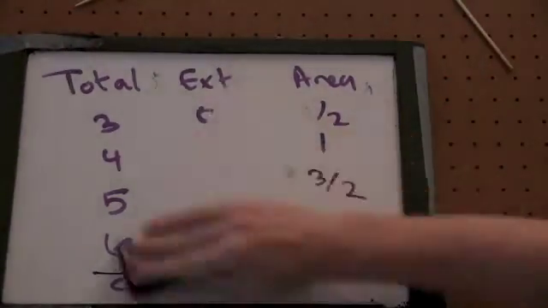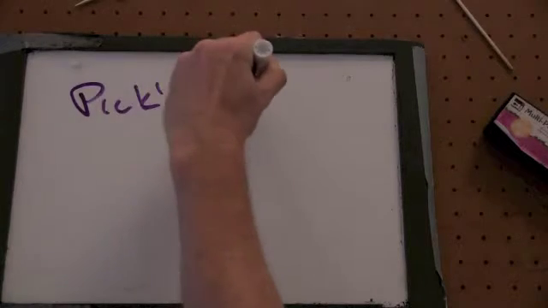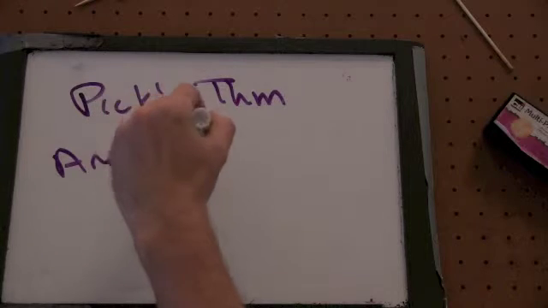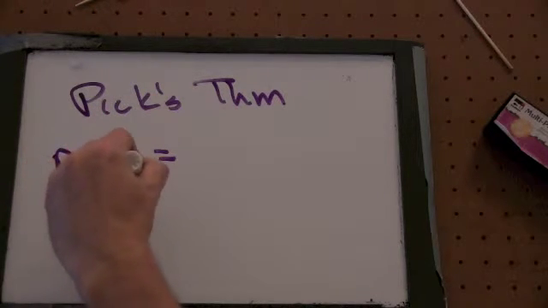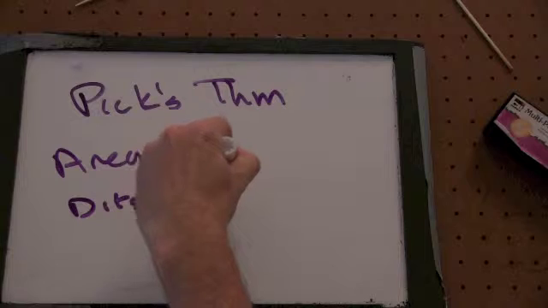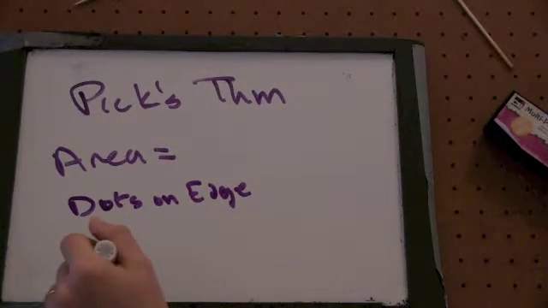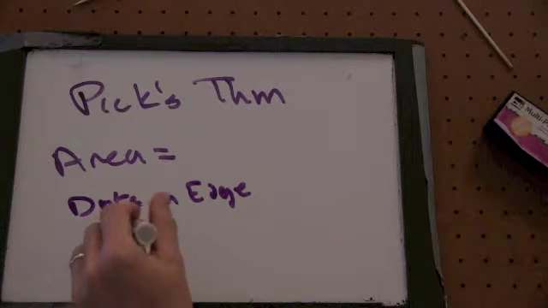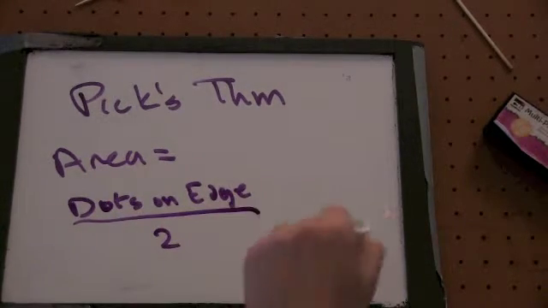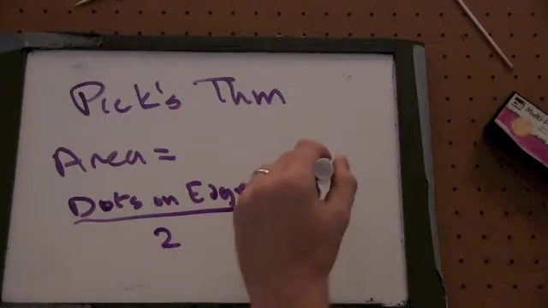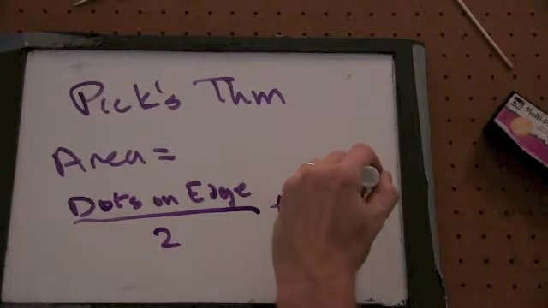So it should be, maybe it would be the dots on the edge times a half, divided by 2. So dots on the edge divided by 2, and then plus the number of dots you have in the middle.